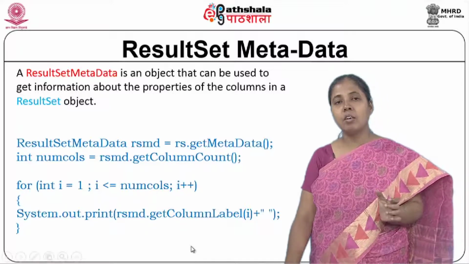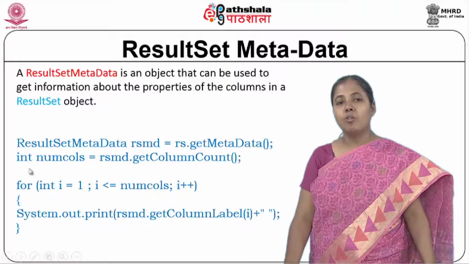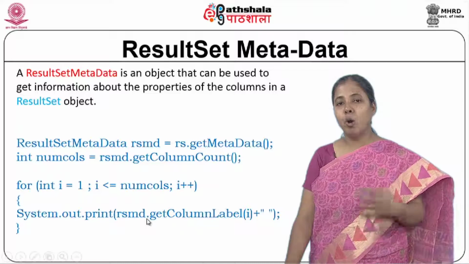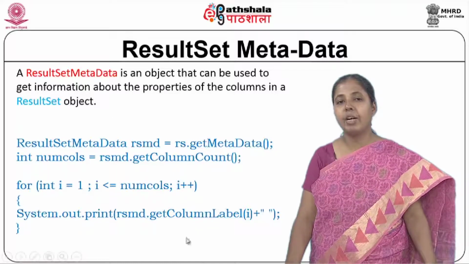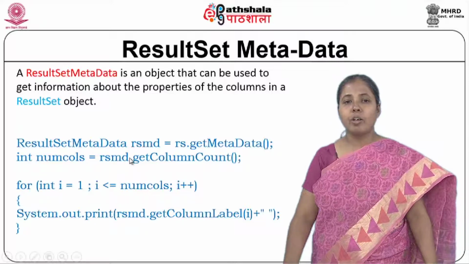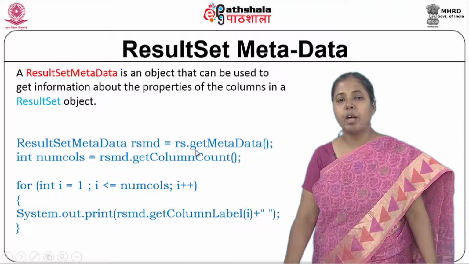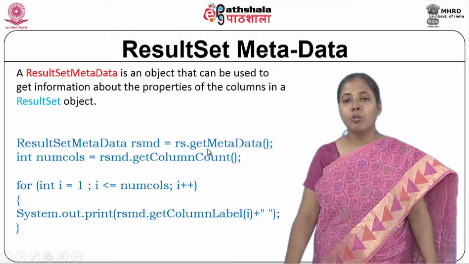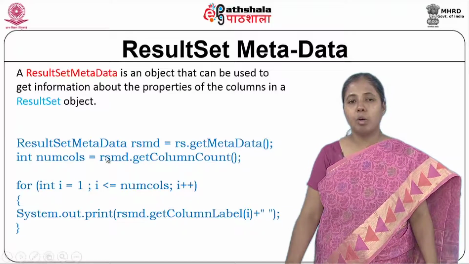The result set is the query result once you execute a select statement. From the result set object, if you want to get the meta information, you can make use of result set metadata. Now you can see how to create a result set metadata. RS is the result set object, and you use a method called get metadata, using which you get the result set metadata object.